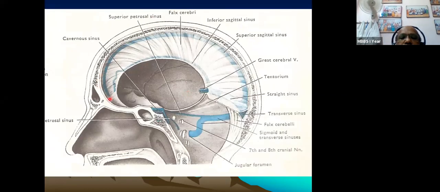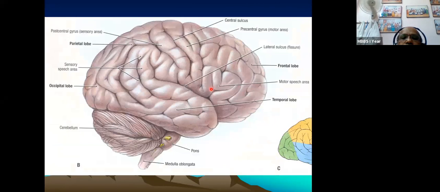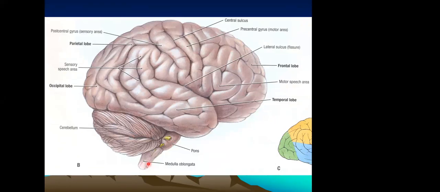Now you see, this is your falx cerebri. This falx cerebri is lodged in the median longitudinal fissure separating the two cerebral hemispheres. Now this is one cerebral hemisphere. This is the cerebellum, this is pons, this is medulla.